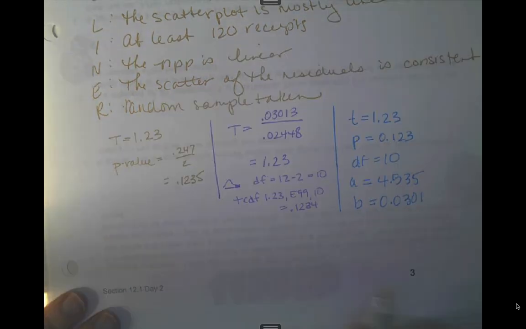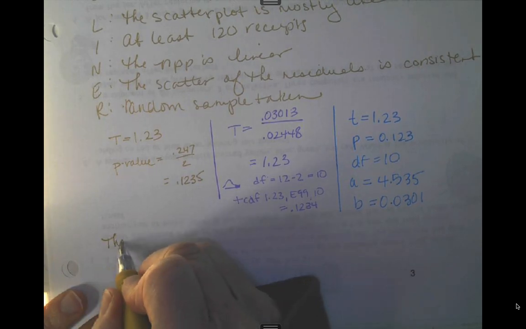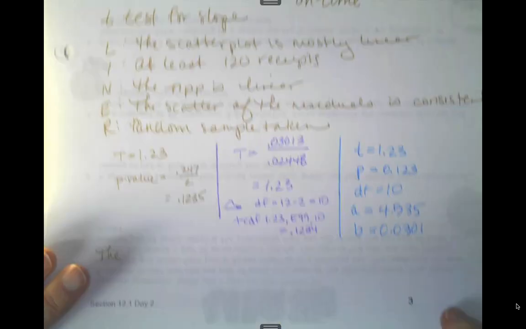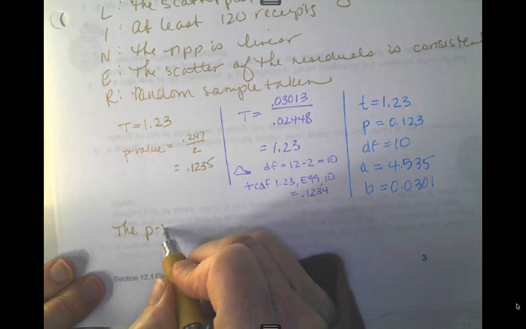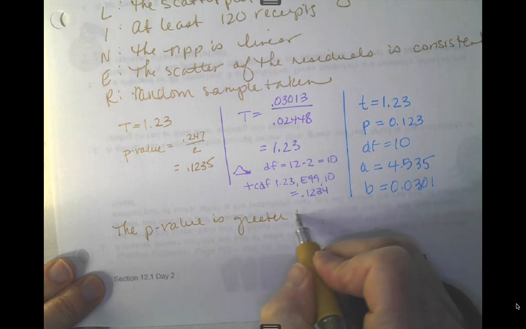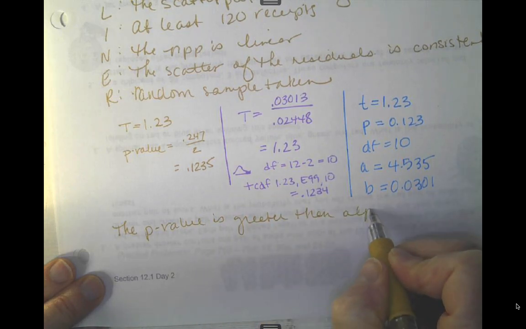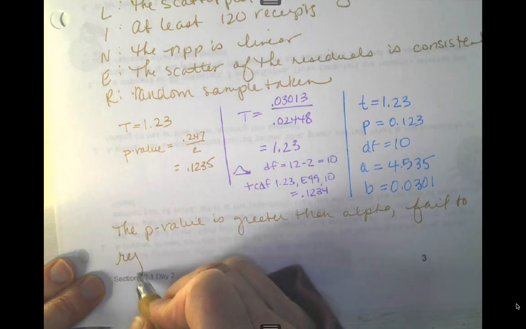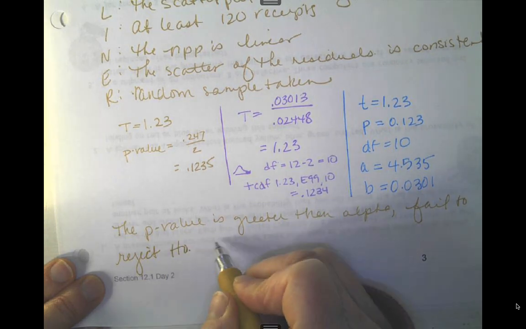Okay, so I write that last step the same way I've always written it. This one, it gave me a level of significance, so I'm going to use that here. So the p-value is greater than alpha. So fail to reject H0.